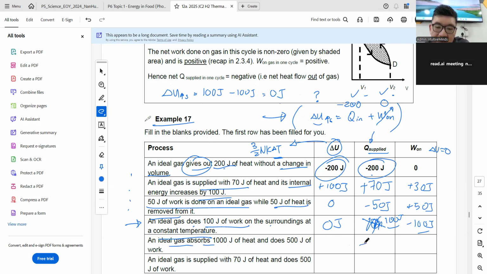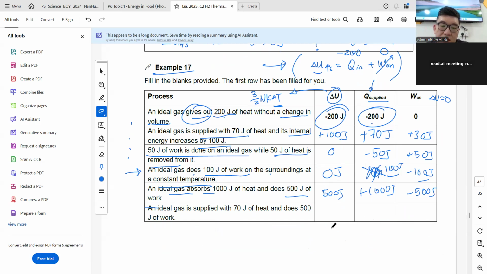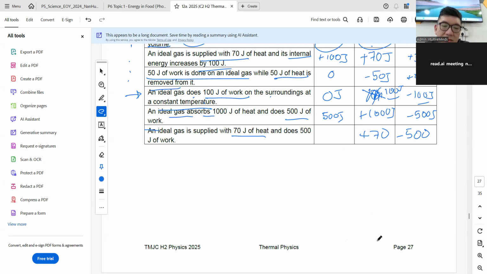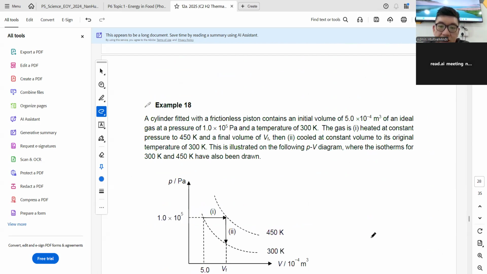So it'll be heat supplied, so it's plus 1,000 joules here. But it does 500 joules of work. So this will be minus 500 joules. And then this becomes 500 joules. Ideal gas supply is 70 joules of heat, so plus 70, 500. Then you figure out the last one. Okay?